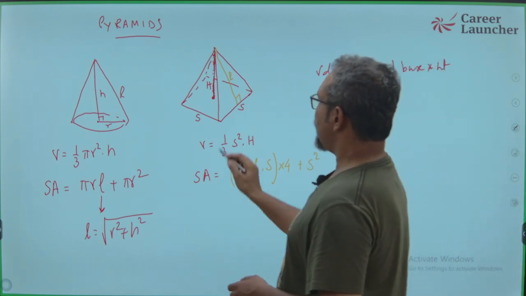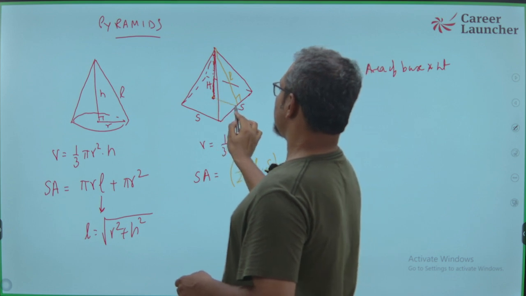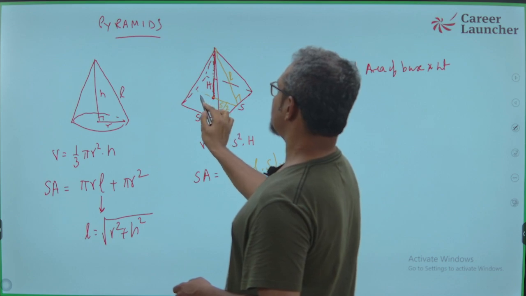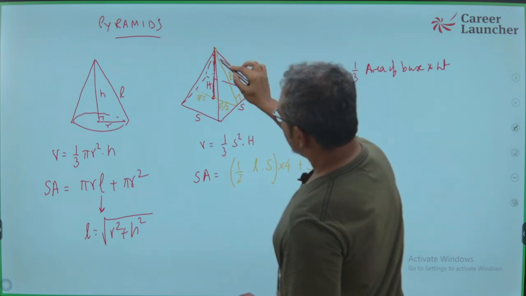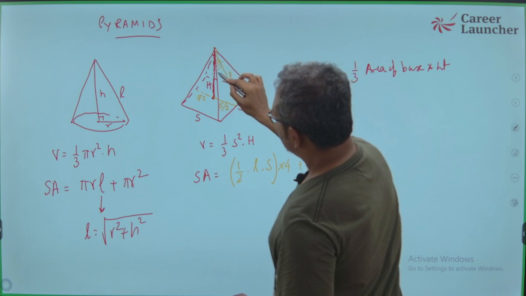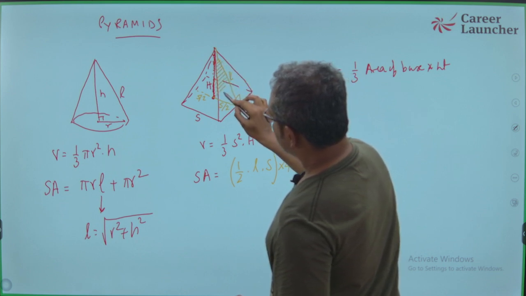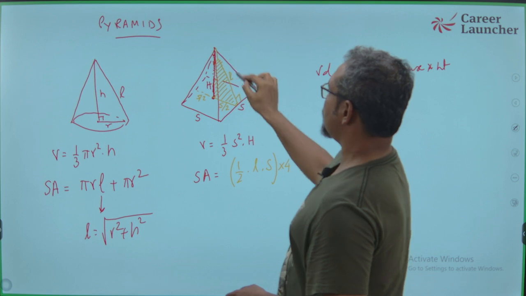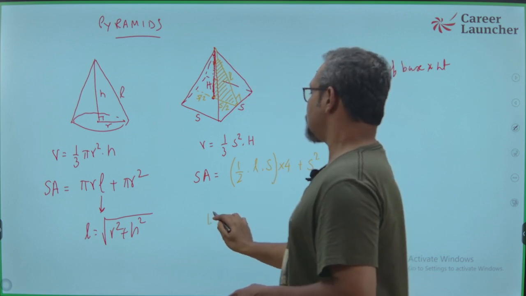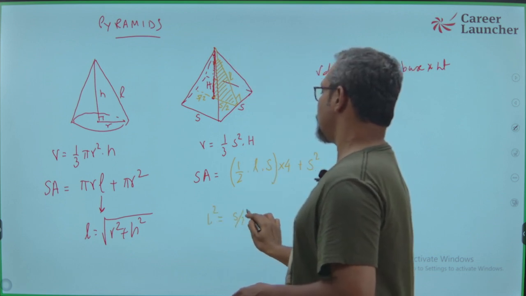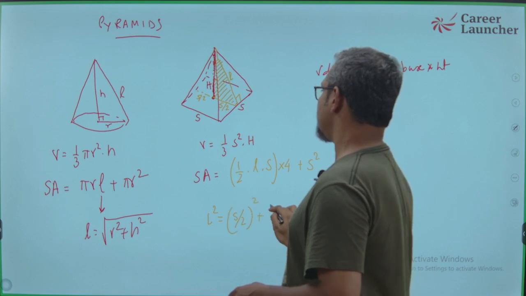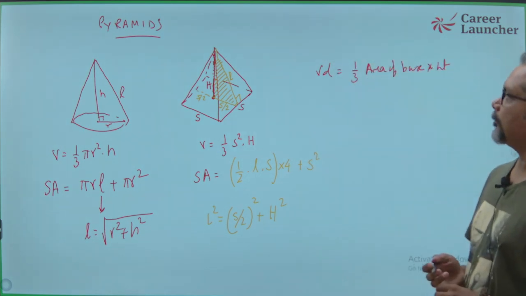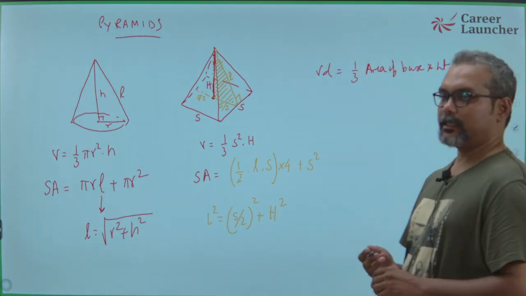Now if you look at this length is basically S by 2, because this is also S by 2. So here we have a vertical triangle like this. So what's the relation between S, H and L? So here we have L squared is S over 2 whole squared plus H squared. So these are the relationships.